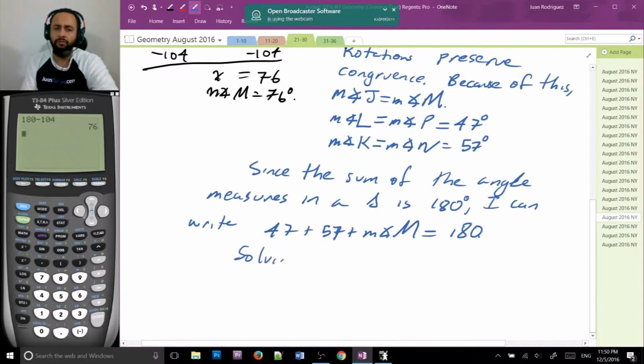Solving for the measure of angle M gives me the measure of angle M equals 76 degrees.